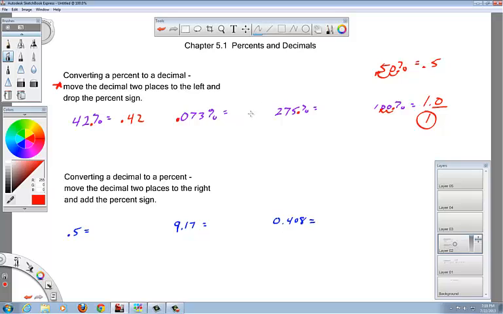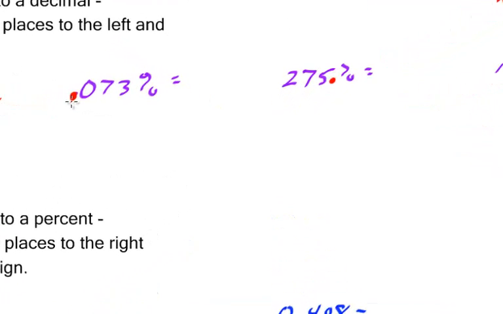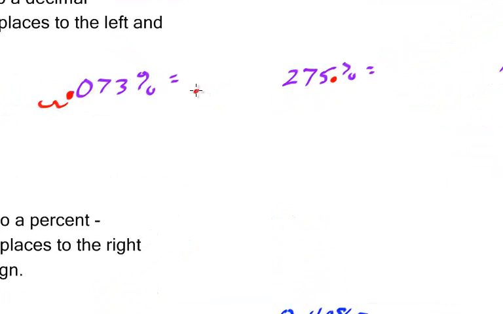It can't be 7.3, because 1 is 100%. So 7.3 would be 730%. This is 0.073. It's a very small chunk of something. This is going to go back 2 places. So this is 0.00073. And this one, of course, would go back to 2.75.